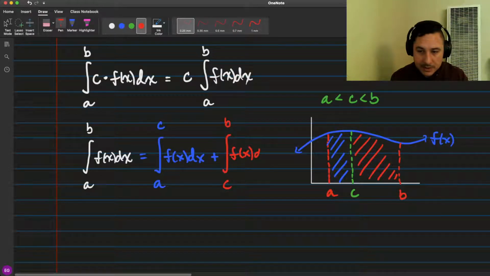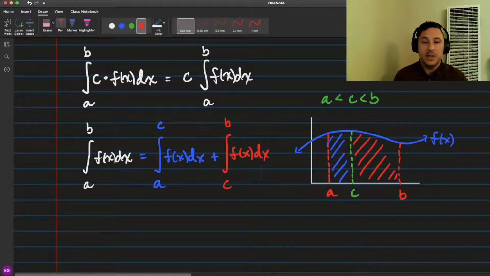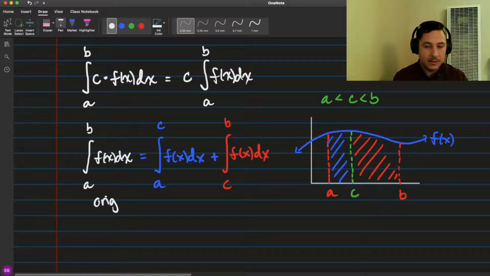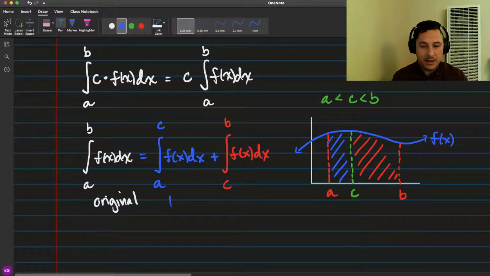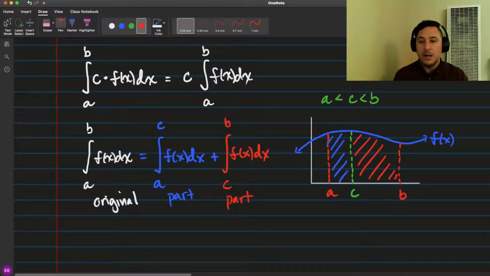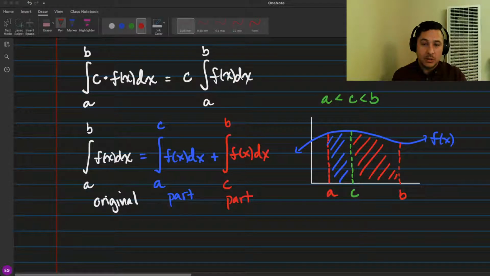Hopefully you can see them color-coded. I split up the original area, right? So this is the original whole area, and then this is a part, and then this one is a part. If you add those two parts together, you should get the original whole. So you can split up an integral by choosing a number in between A and B.